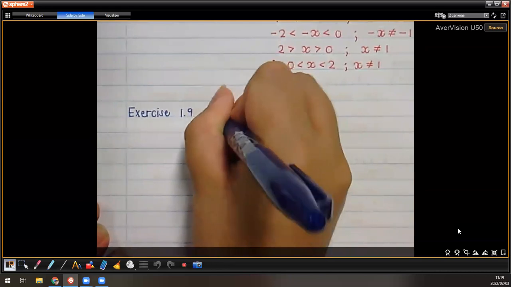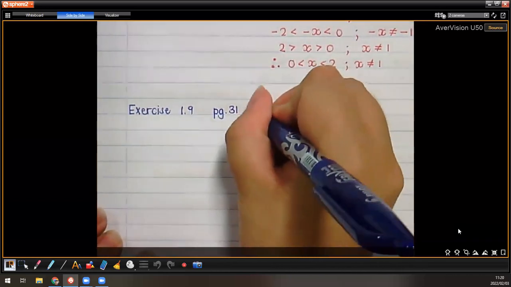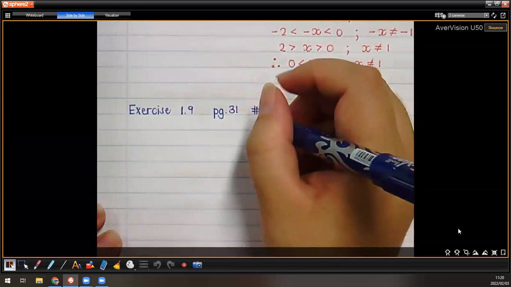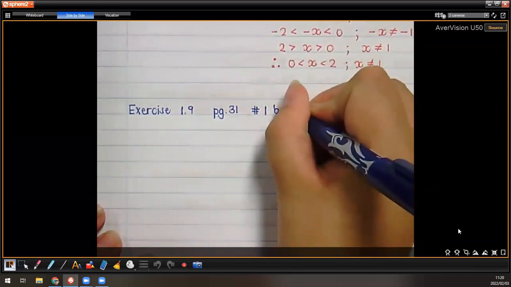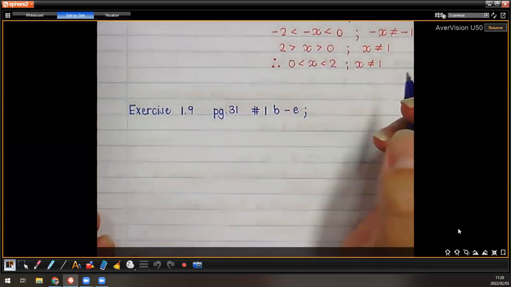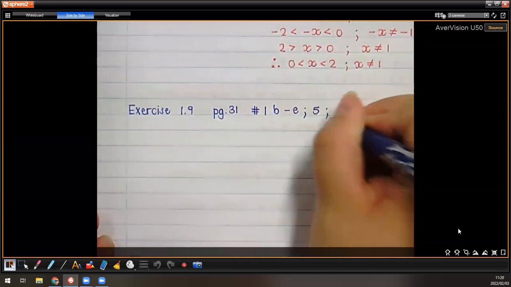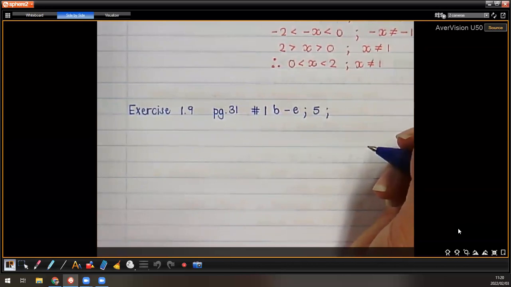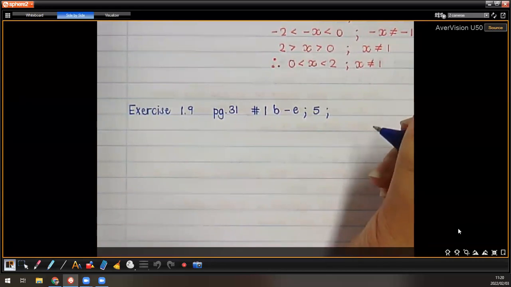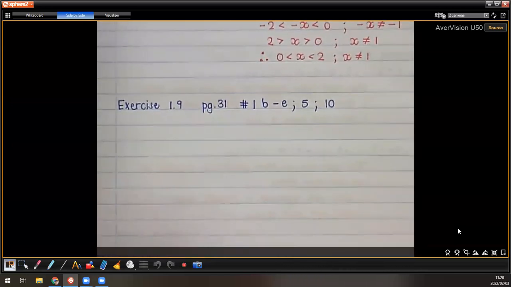We can look at some of the more difficult past exam paper questions. Okay, those are the ones that you need to do for tomorrow.